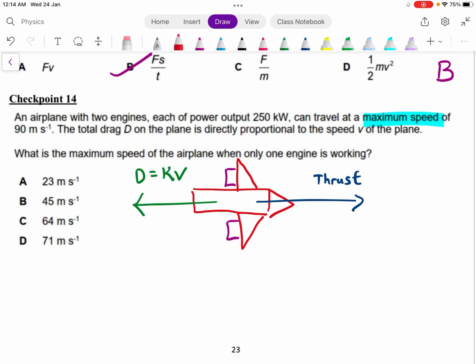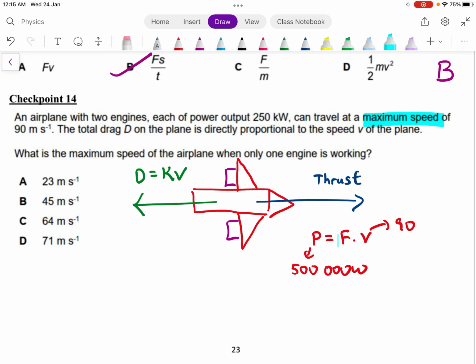For the thrust, first I need to know the engine force. Remember, our instantaneous power is equal to F multiplied by V. Since the two engines have a total power of 500 kilowatt, meaning 500,000 watt, and I travel at 90 meter per second, I can find my engine force.